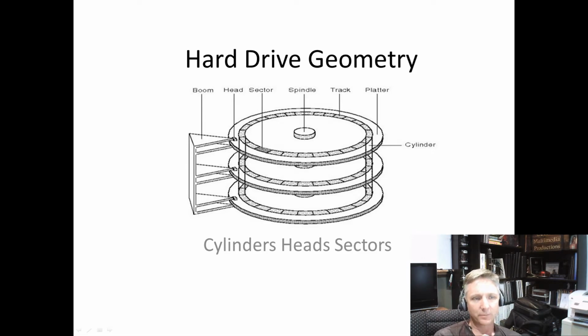So when we talk about cylinders, heads, and sectors, we're talking about physical location on the disk based on that disk geometry. We don't really use CHS addressing anymore. However, in the master boot record, it's still encoded in some cases as a cylinder head sector address.